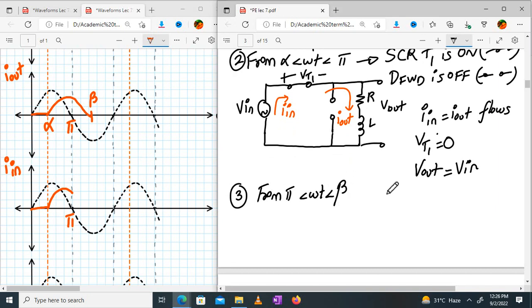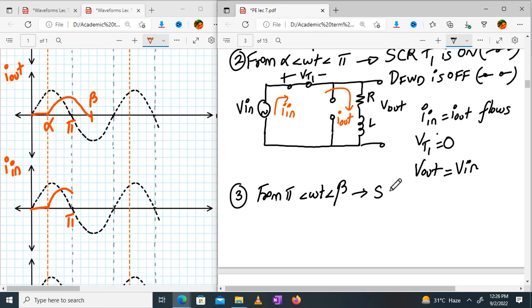What happens from pi to beta? Tell me. Will SCR turn off? No. SCR will continue to conduct till beta. Why? Because of inductor stored energy. Inductor will act as an aid with the V in supply and that will keep the SCR T1 on.